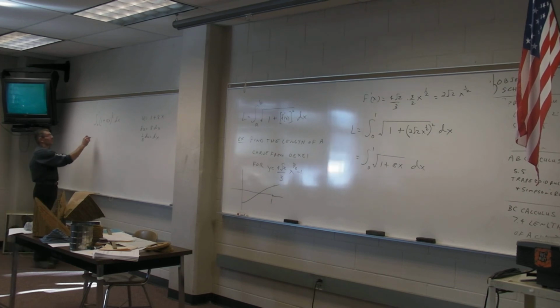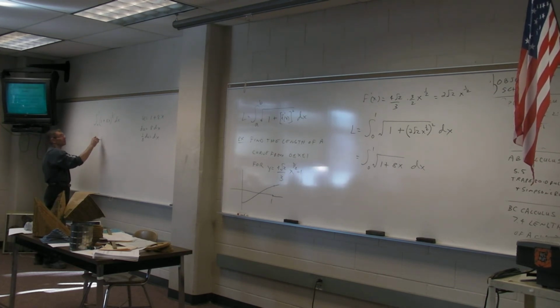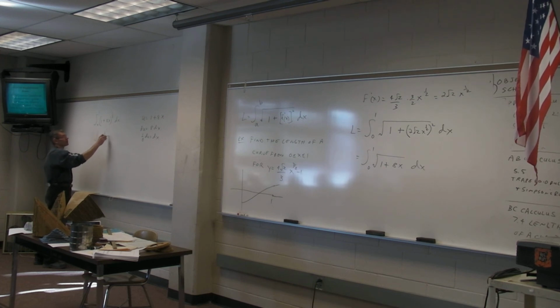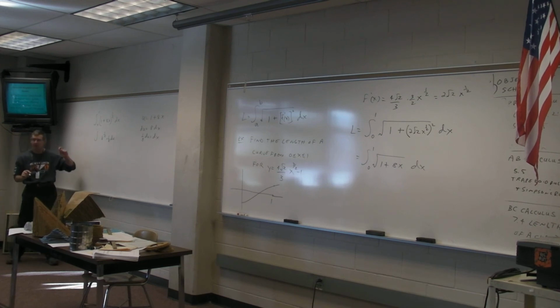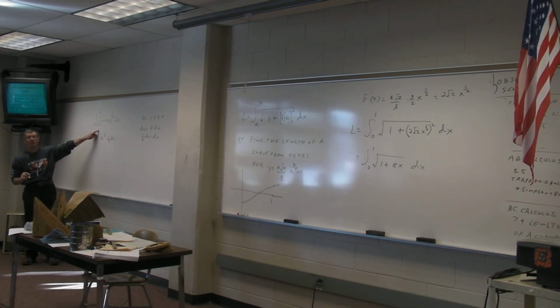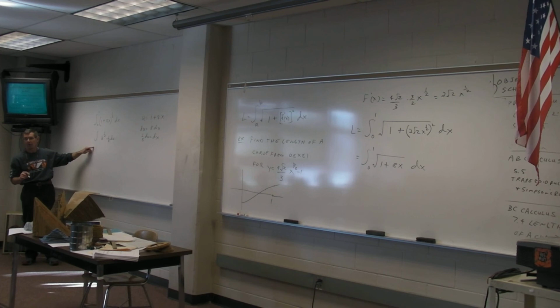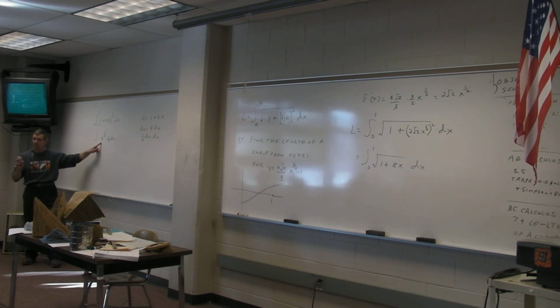And so now this becomes an integral of u to the 1/2 times 1/8 du. Now, one thing you need to note, and this will be wrong on the AP test, is you mustn't put a 1 or a 0 here. Why? Because now we're using u's, we're not using x's. So you have two alternatives.